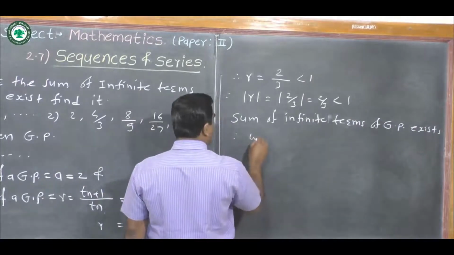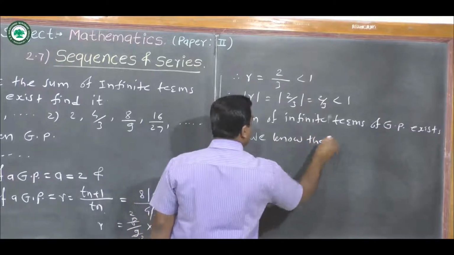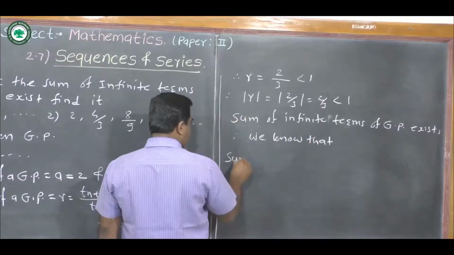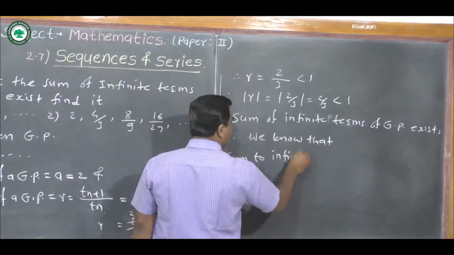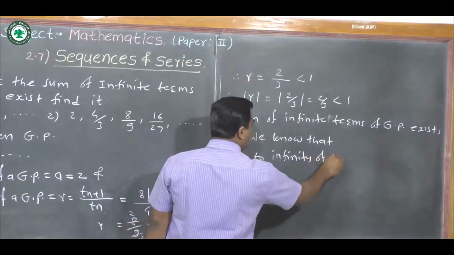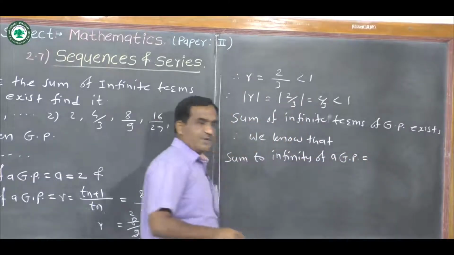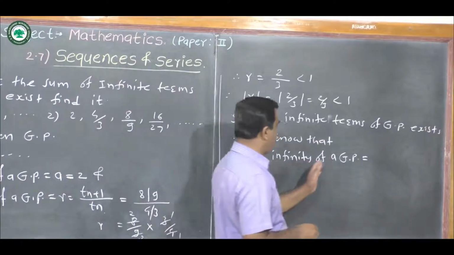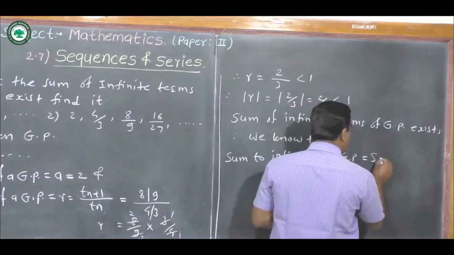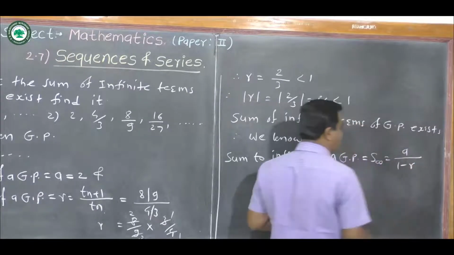Therefore we know that the sum to infinity of a GP, which means the sum of infinite terms of a geometric progression, is equal to S infinity is equal to A upon 1 minus R.